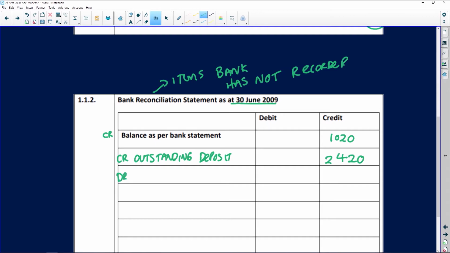So debit, outstanding checks. Okay, remember, always fill in the check number. So we've got check number 72 for an amount of 90 Rand. The next check was check number 75. Okay, and that was for 510 Rand.